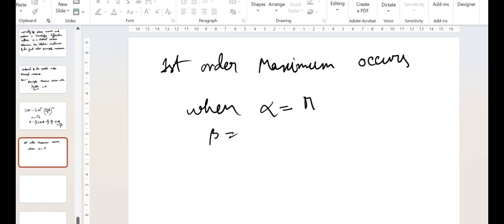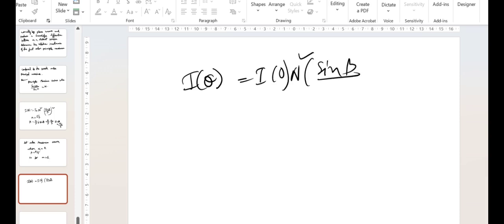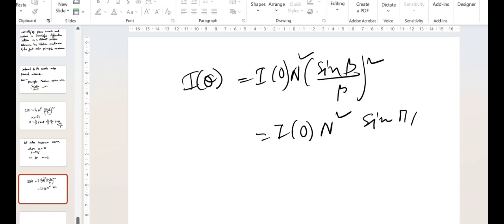That means beta is equal to pi by 5. So for m is equal to 1, I theta is equal to I naught into sine beta by beta whole square. I naught is equal to sine pi by 5 by pi by 5 whole square.